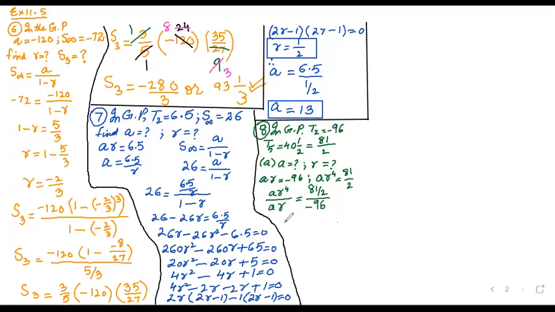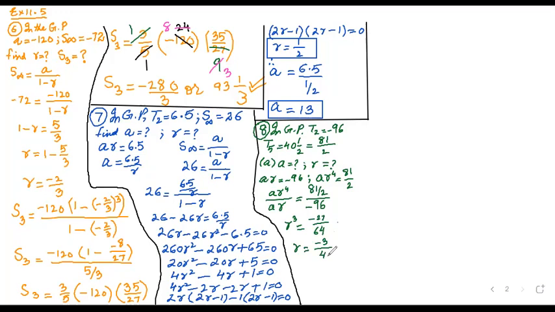So this will become R cube equal to minus 27 upon 64. So R will be coming out as minus 3 upon 4.